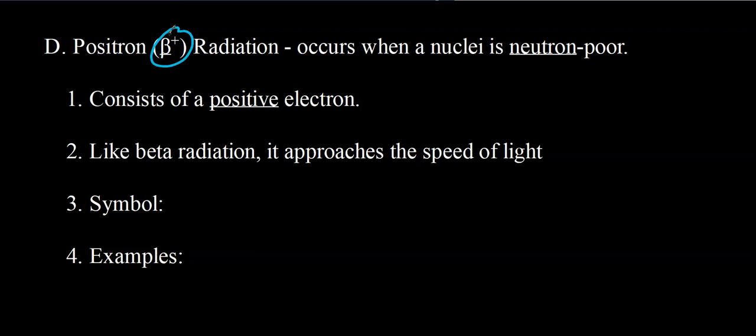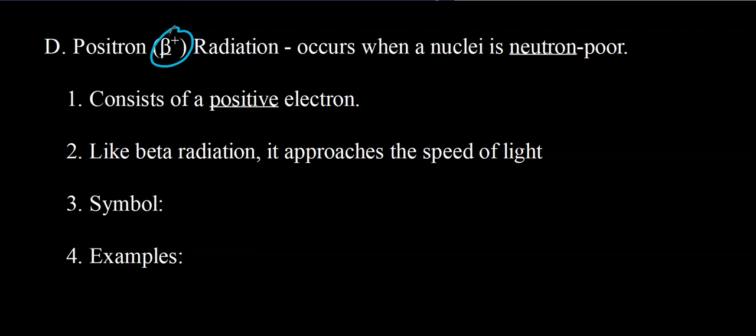So take a look again on page 936. What is likely to undergo positron emission? This is something that has too few neutrons. So regular negative beta was too many neutrons. Positron emission is when something has too few neutrons, neutron poor.